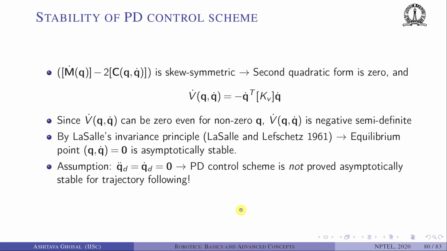This is a very unsolved problem. If you have trajectory tracking or trajectory following, where the desired derivative of the joint is not 0, there are no known methods or results for asymptotic stability.